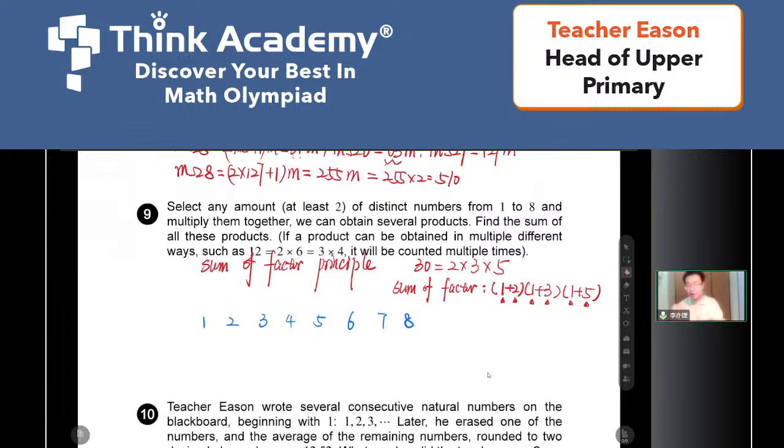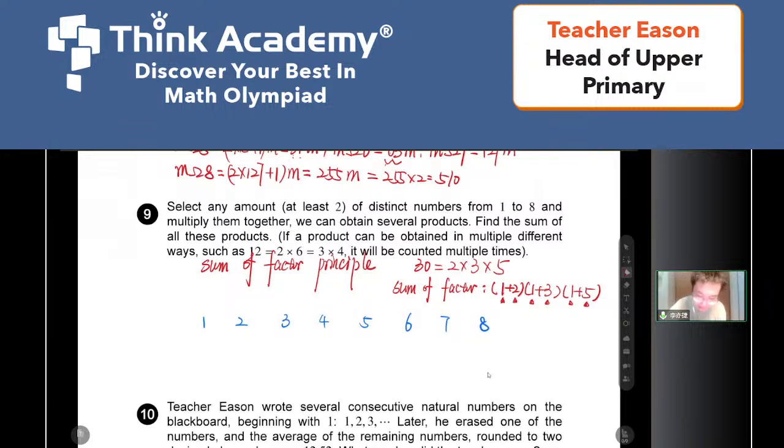When we want to form a product, we can either use or not use a certain factor. For example, we can use 8 or we cannot use this 8. So it's all okay, and for this 8, we have two choices: use or not.